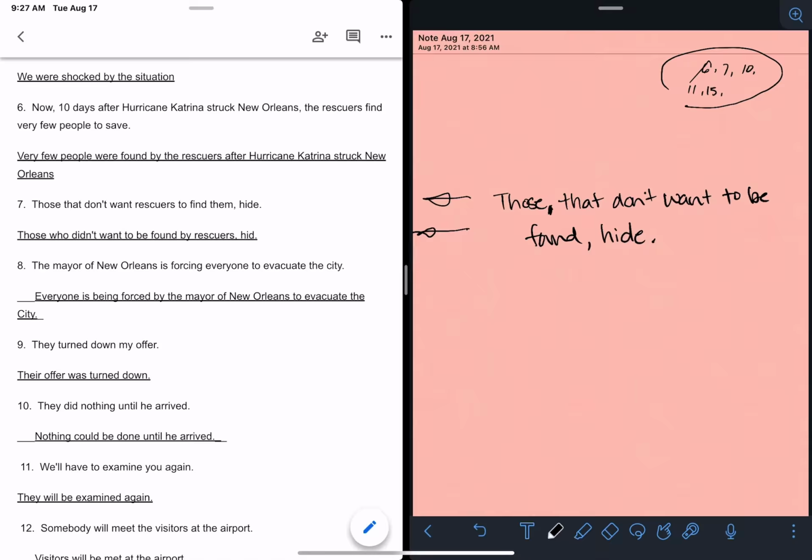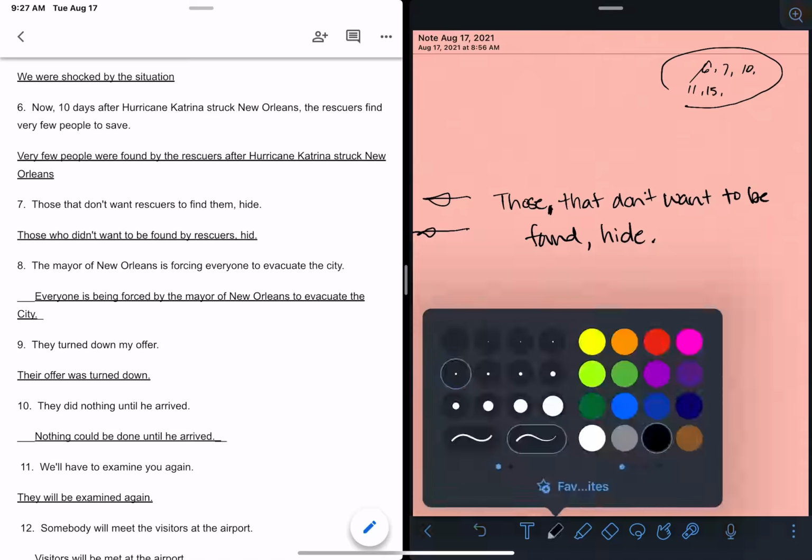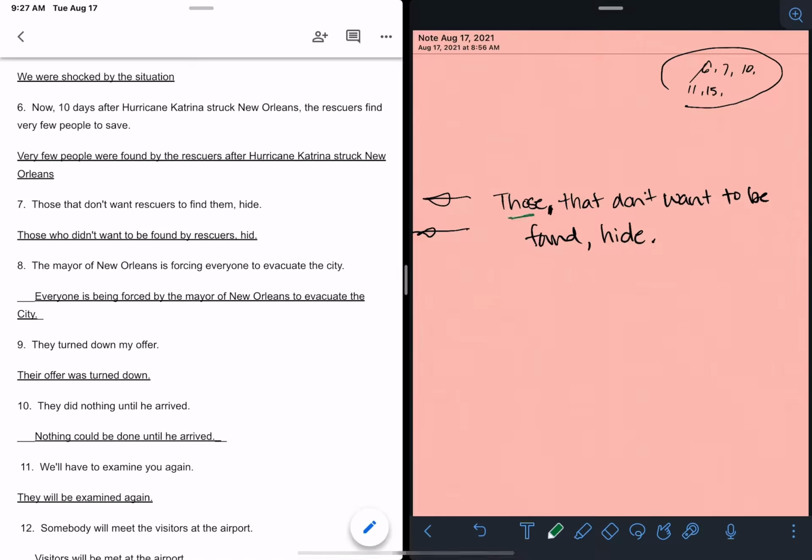It's super important that we realize that in this case we only have a subject, those, and a verb, hide. We don't actually have an object in this active voice. It wouldn't be natural to put an object here, so take a second to think about that. In order to write the sentence in the passive voice, we need an object.